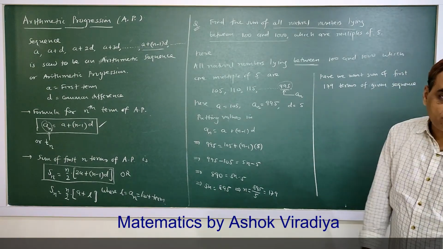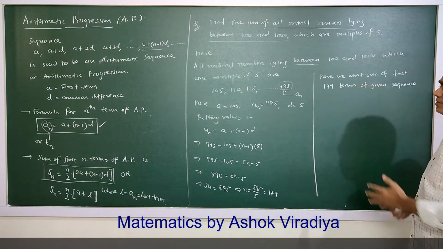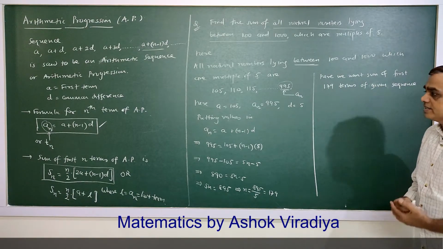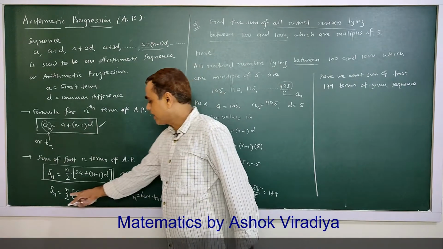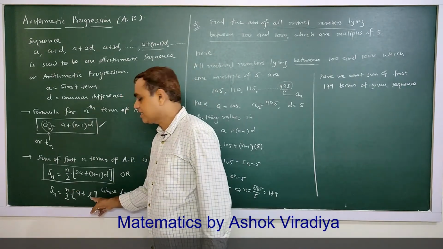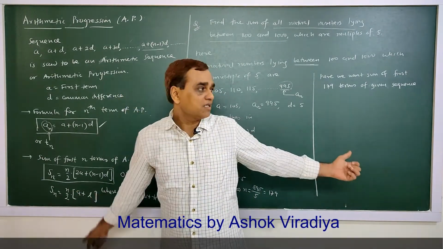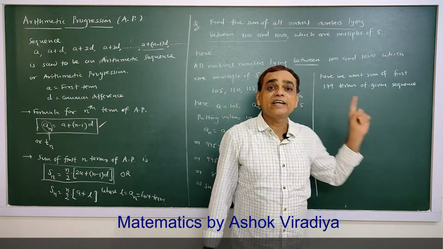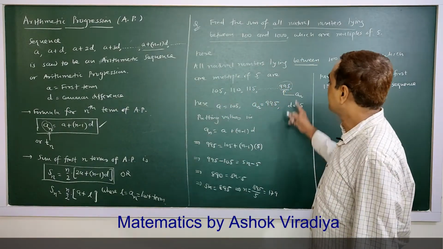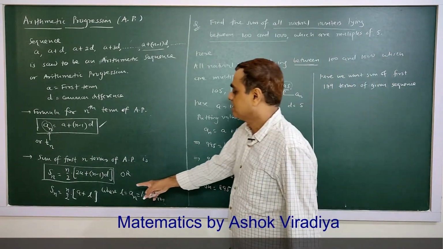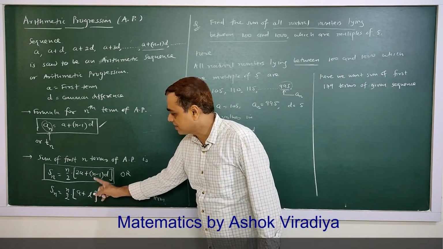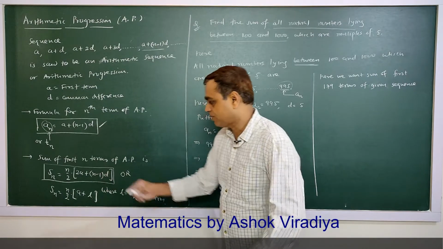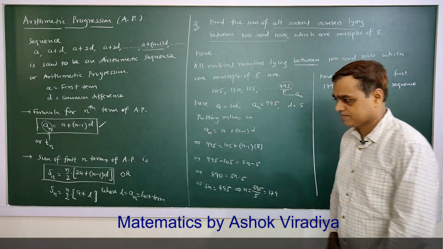Now to find this sum, either we can use this formula or you can use this formula, because we know the last term is 995. Because we know the last term, we can also find the sum of n terms from this formula. Any formula can be used.